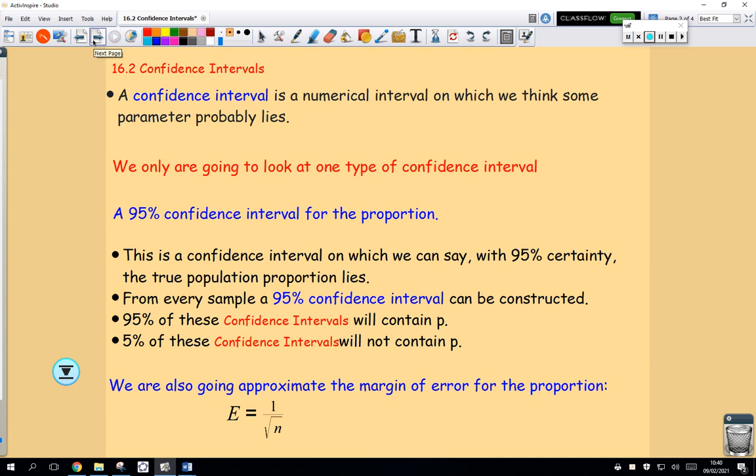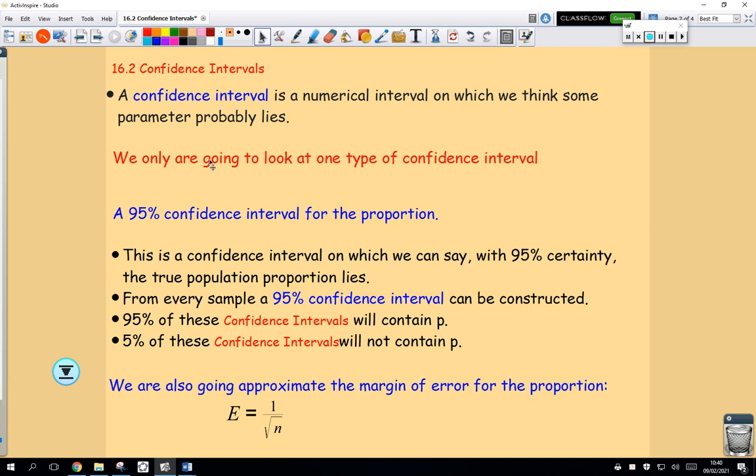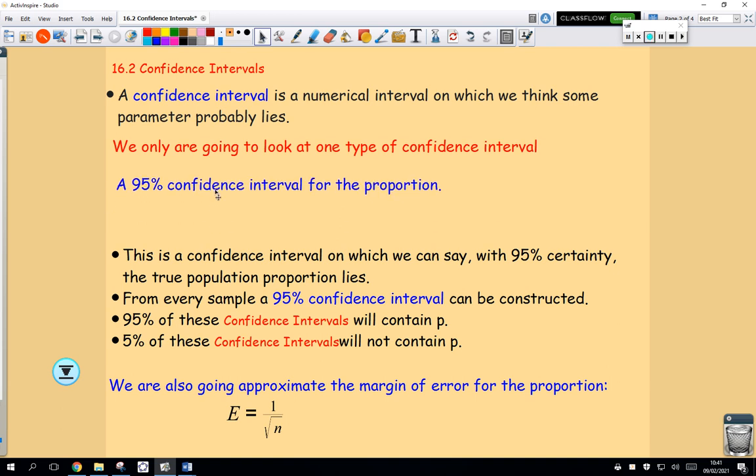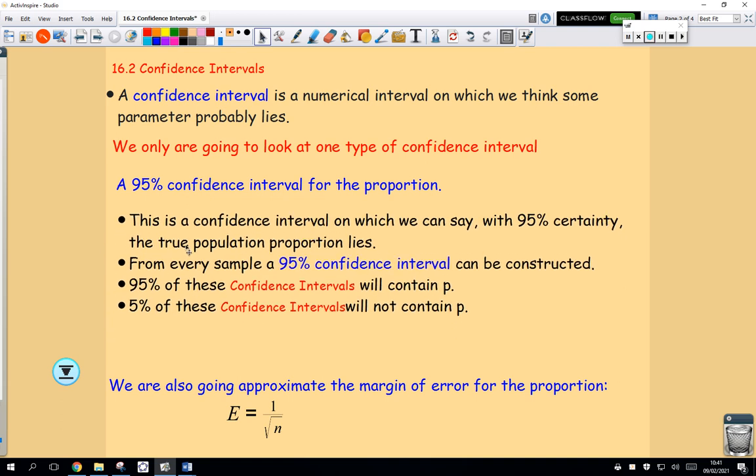We are only going to look at one type of confidence interval, and this is a 95% confidence interval for the proportion.